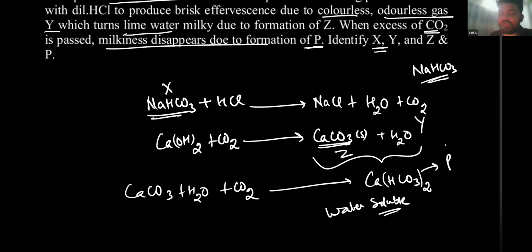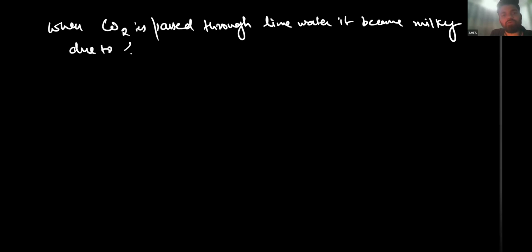Okay. So note it down that the milkiness disappears because of the formation of, let me write each and everything here. When CO2 is passed through lime water, it becomes milky due to the formation of calcium carbonate.